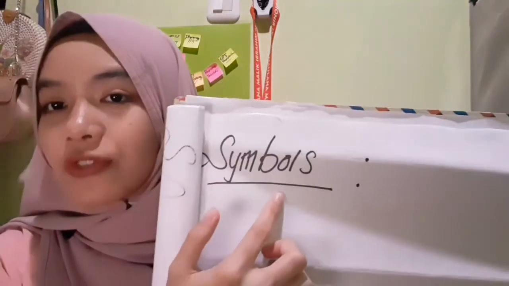After setting we have symbols, and here I just have two things that symbolize something. I have bells. Bells here are a symbol of God's reminder. Here the bells speak.